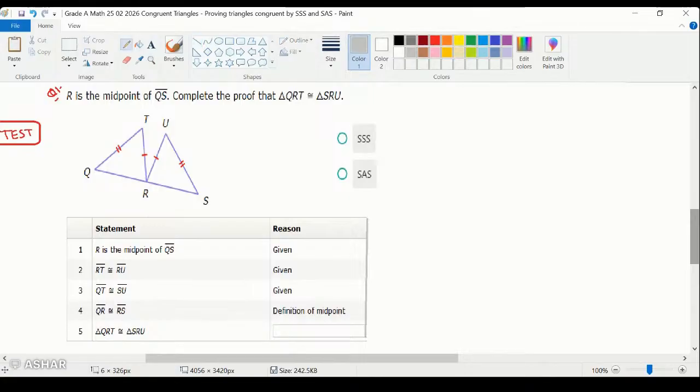What should it be? See, what we can see over here is this length is given equal to this length, right? This length is equal to this length, right? But the other information given is R is the midpoint of QS.